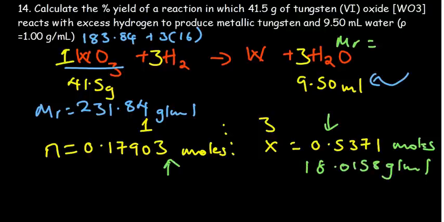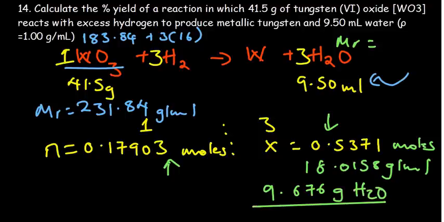So we have the molar mass, we've got the number of moles. We should be able to find the mass by multiplying. So after multiplying, I'm getting 9.676 grams of water. So that is the theoretical expected yield.